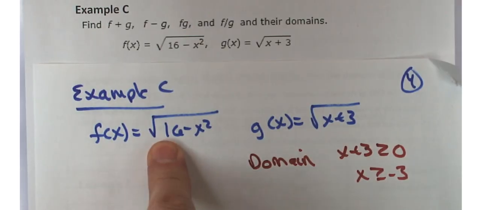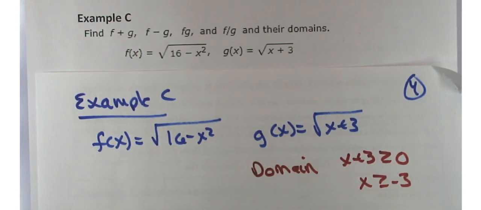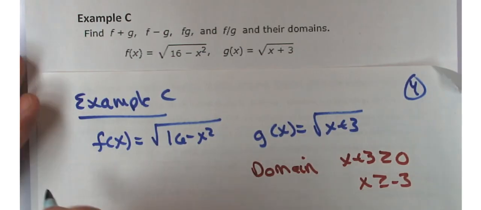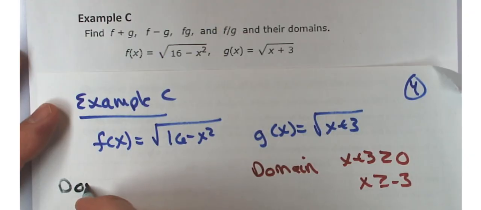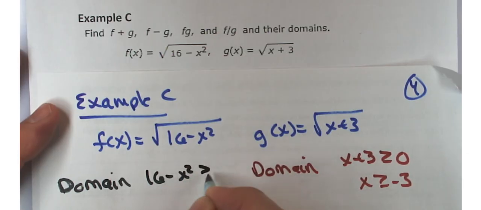The domain for this one is going to be a little bit more work. Now, I guess it depends on you and how comfortable you are with some of the stuff, but we'll go through it thoroughly. I have the same requirements for the domain here that I had just a minute ago. I need to make sure 16 minus x squared is greater than or equal to 0.